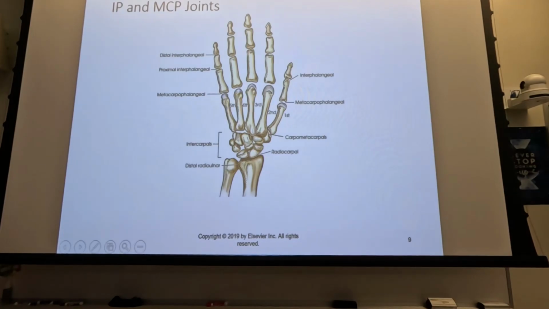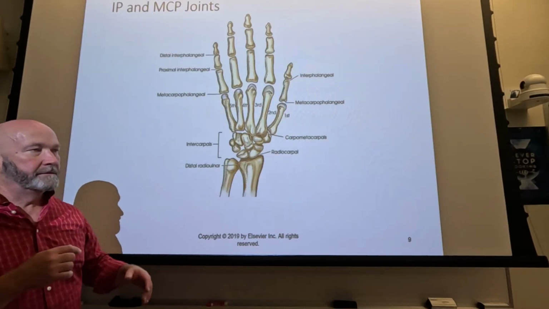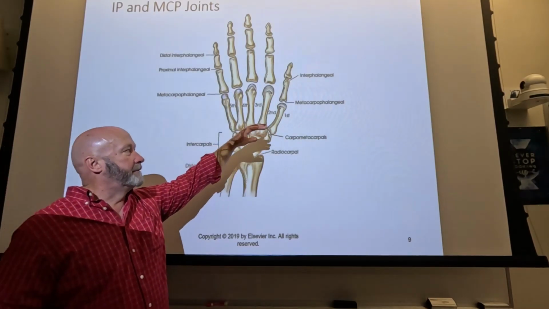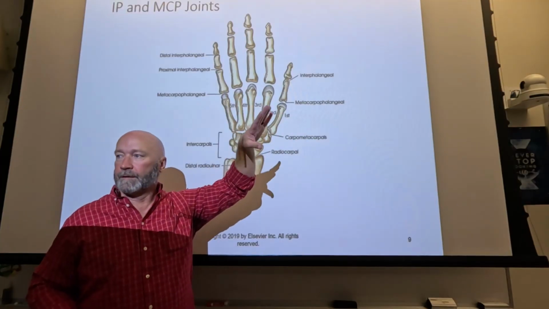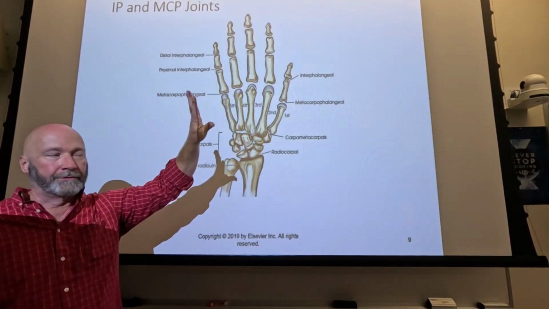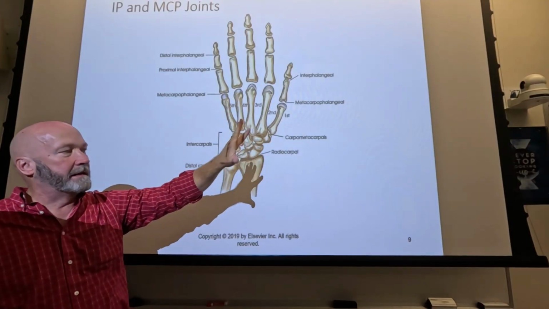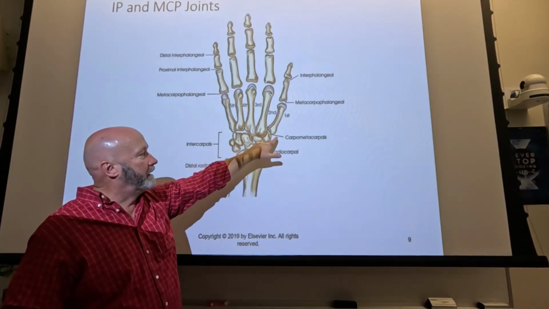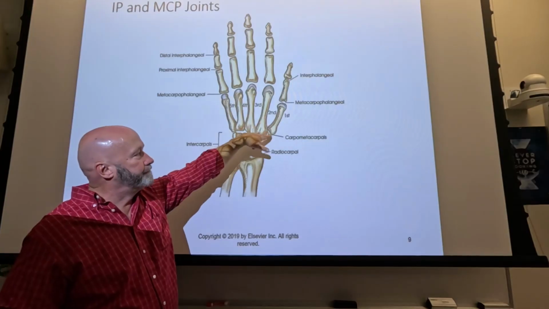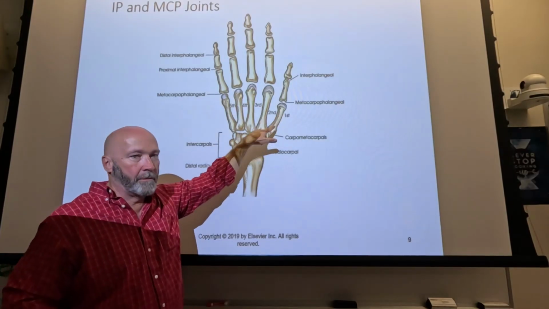So, something about the thumb while I'm on it. The thumb is the only one of your digits where the metacarpal moves with the phalanx. We've got opposable thumbs, so where all of these bones just have a hinge right there, with the first digit the entire metacarpal can move.